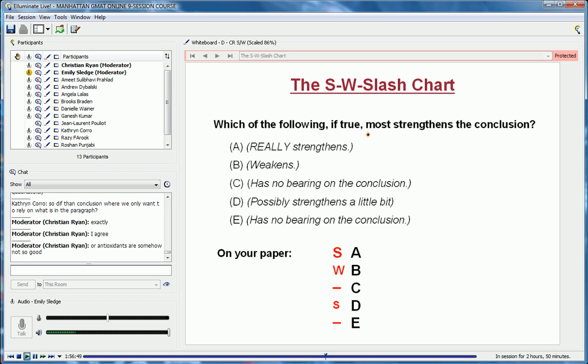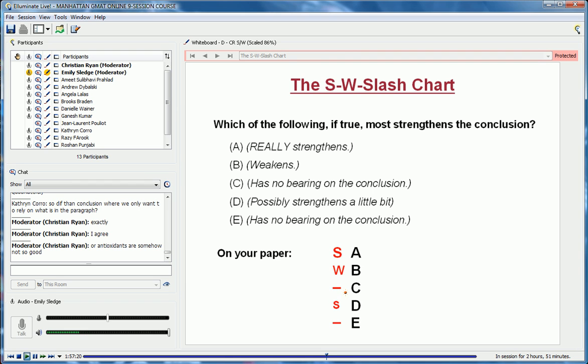So as you do so, just jot on your paper what your opinion of them is. As you read A, think about how does it relate to the conclusion, and you'll form an opinion. It really strengthens or strengthens a little bit. Just jot down S's and W's as you go. So we recommend using a slash for anything that's not completely related to the conclusion. And note that on the GMAT, it has to be explicitly related to the conclusion, not just by assumption.